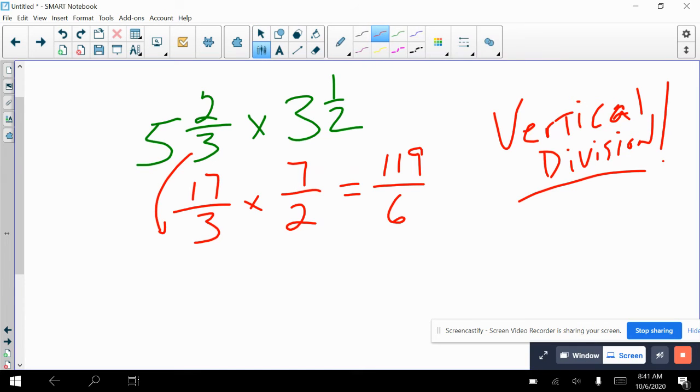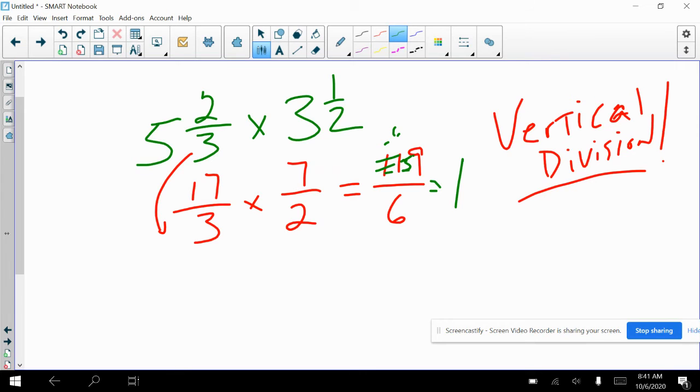Okay, so follow me with this. How many 6s go into 11 without going over? 11 minus 6 is what? So I've used the 1s, and now my number is 59.